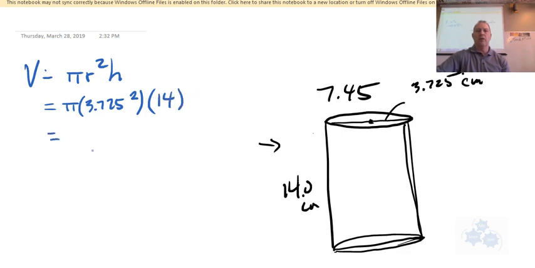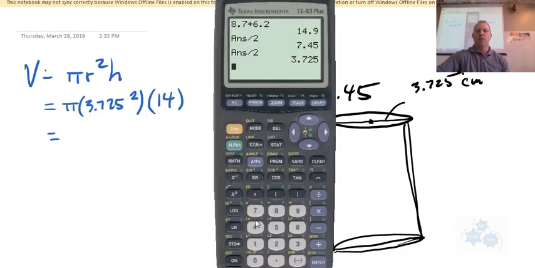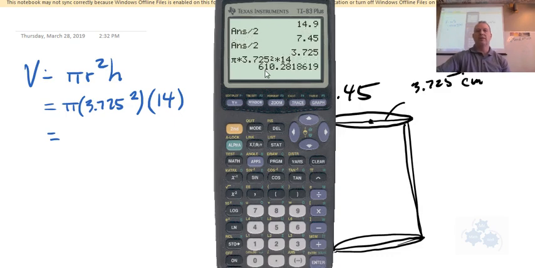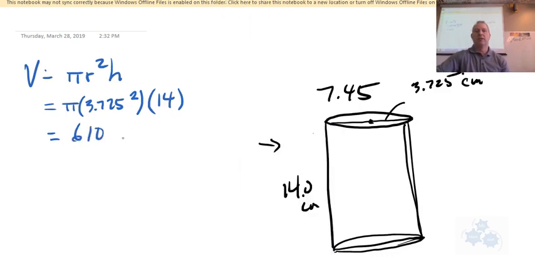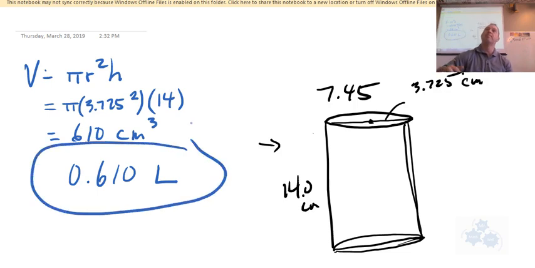Okay? So let's quickly finish this up. We've got pi times 3.725 squared times 14. That gives us 610 cubic centimeters. How many liters is that then? 0.610 liters of coffee. There you go.